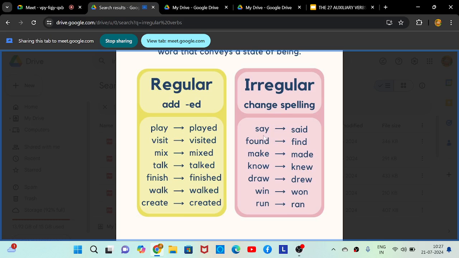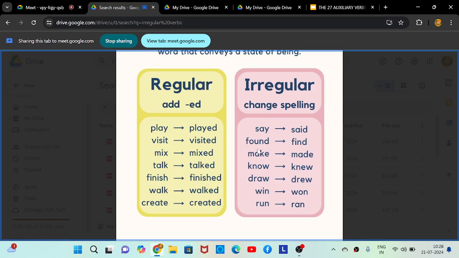For example, say becomes said, S-A-I-D. So here you are not adding ed. You cannot add ed to get the V2 form of say. So here the spelling itself entirely changes. Such verbs are called irregular verbs.